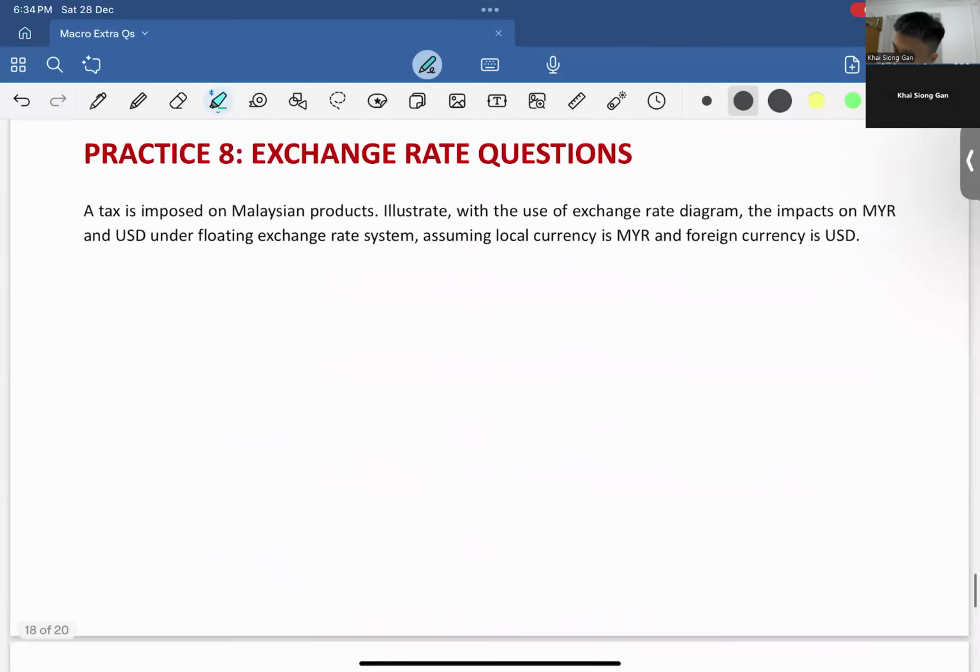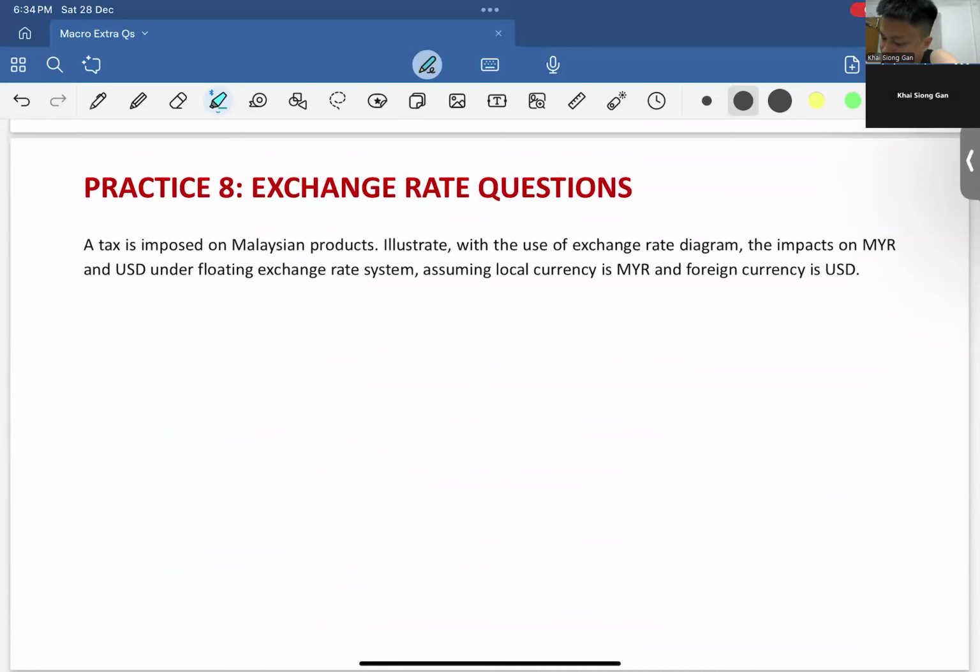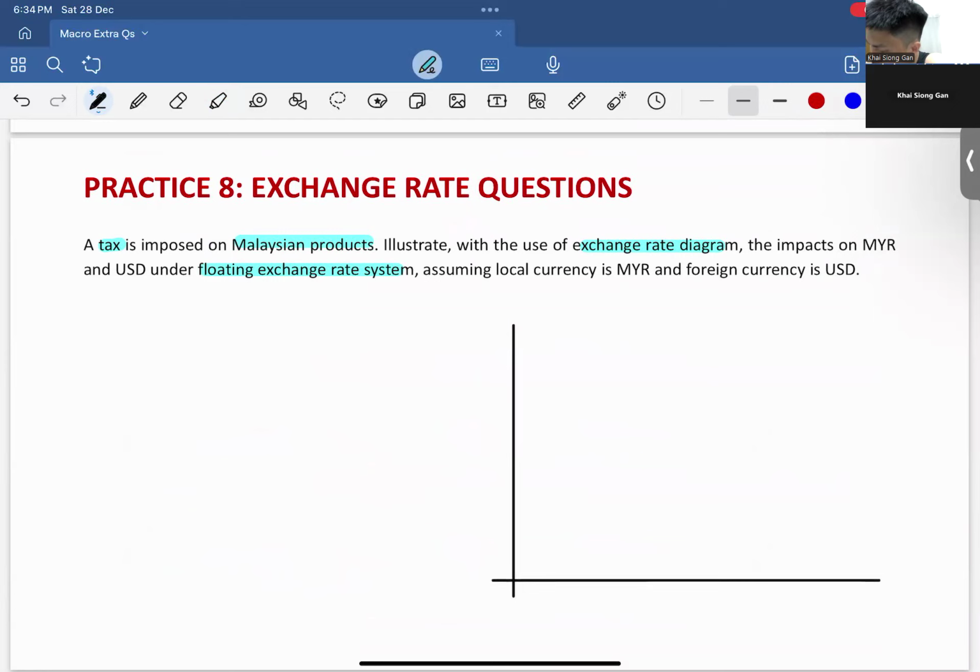Now next question. Again on exchange rate graph, a tax is imposed on Malaysian products. Illustrate with the use of an exchange rate diagram the impacts on Ringgit Malaysia and US dollars under the floating exchange rate system, assuming local currency is Ringgit Malaysia and foreign currency US dollars. How will the answers look? Y-axis, x-axis, origin, direct quotation.